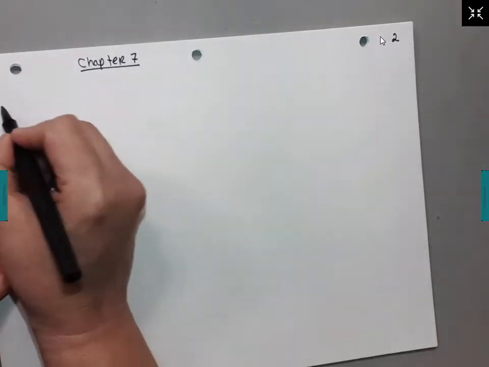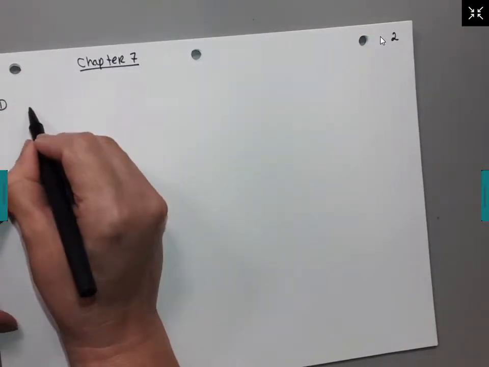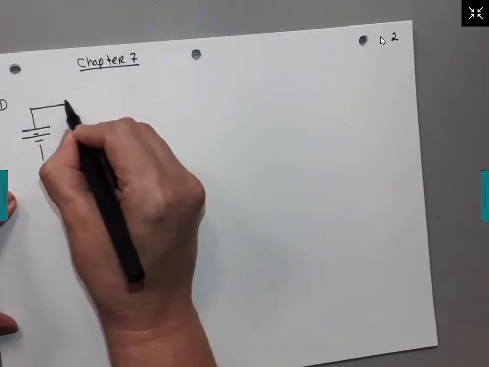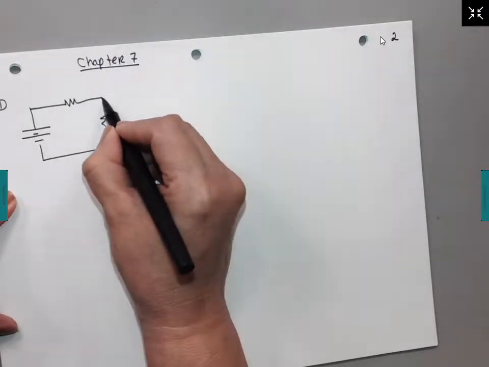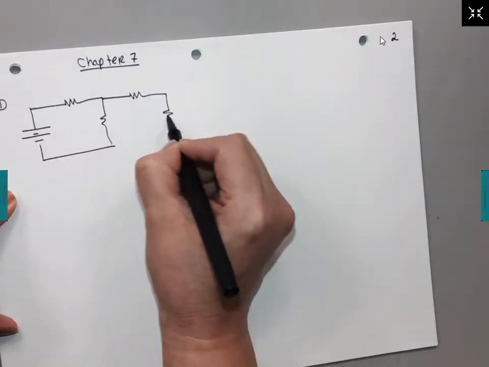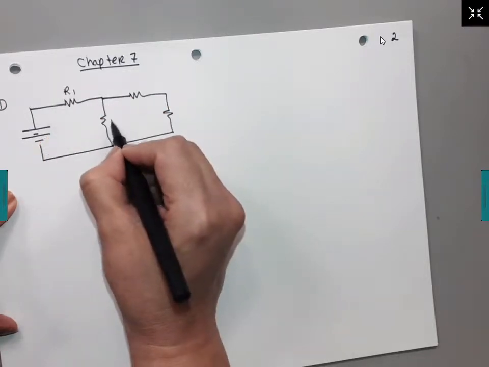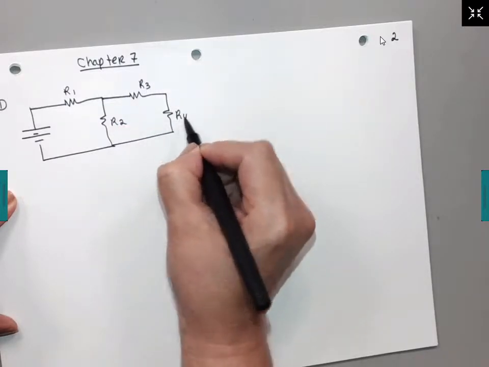Chapter 7, we have one circuit here. I thought there were 3 different parts, but there's just one part. R1, R2, and we're not going to put numbers. We're just going to put labels R1, R2, R3, and R4.